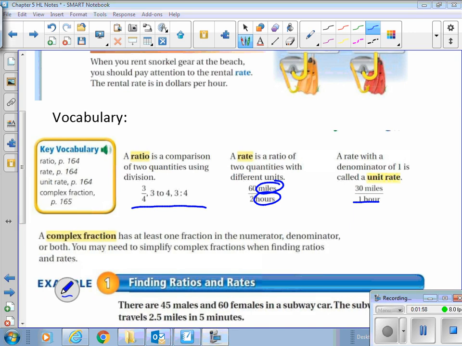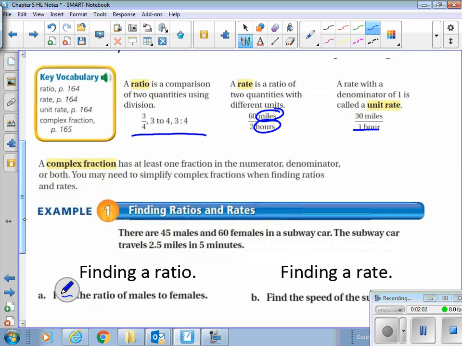The last vocabulary term is complex fraction. A complex fraction has at least one fraction in the numerator, denominator, or both. Therefore, you may need to simplify complex fractions when finding ratios and rates. So you might see something that looks like this. This could be an example of a complex fraction: 1/2 to 4. Notice that there is a fraction as your numerator.